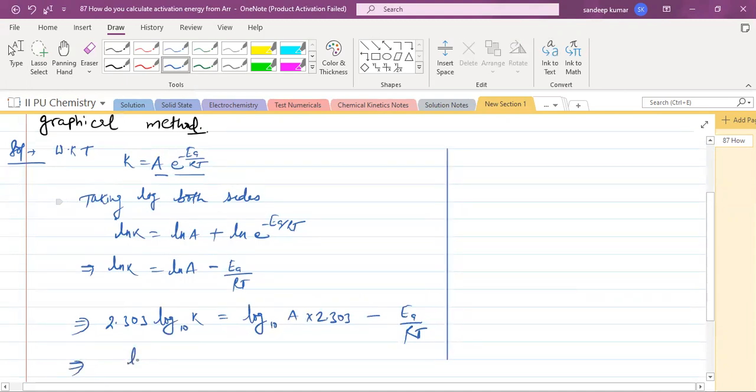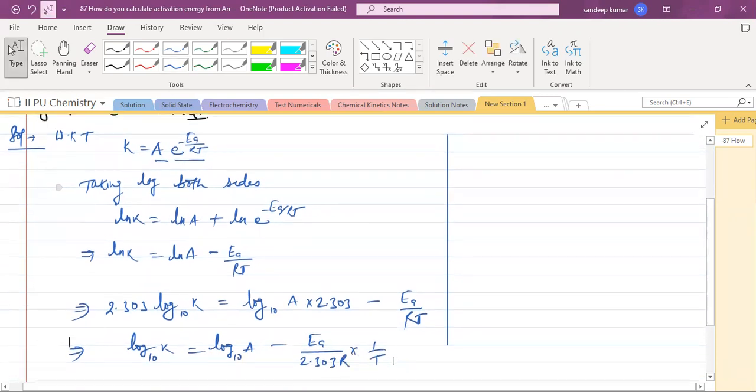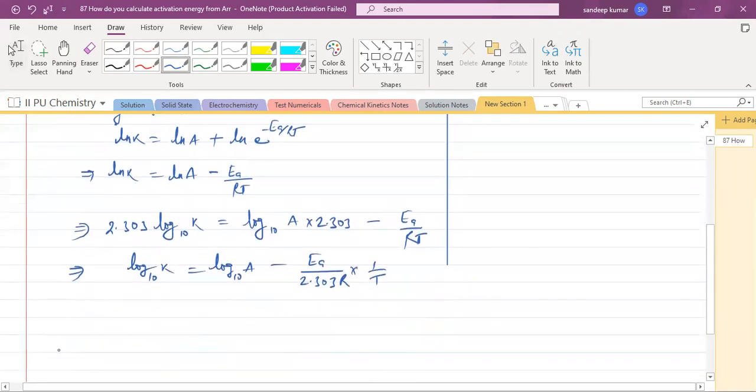So we'll get log k to the base 10 is equal to log A to the base 10 minus Ea upon 2.303 R into 1 by T. Am I clear? Or just rearrange, you can write log k to the base 10 is equal to minus Ea upon 2.303 R into 1 upon T plus log A to the base 10.